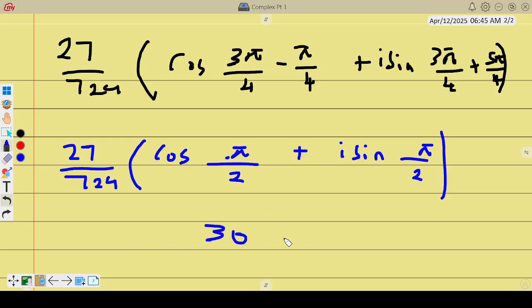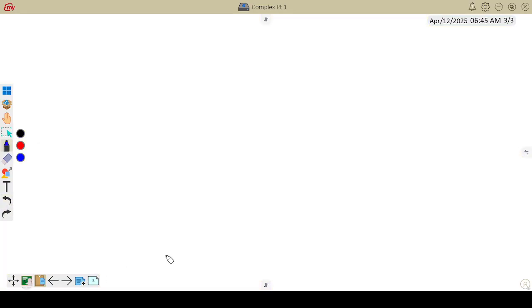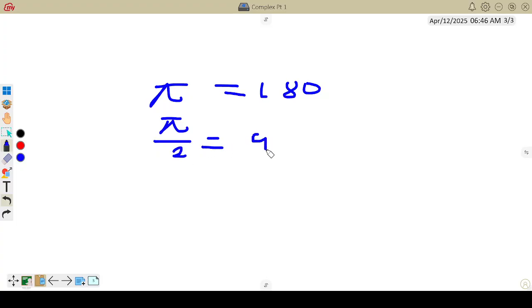So please, I'm revising with you. This time let's even write them like pi. You should always know that pi is 180. When you see pi over 2, it's 90.